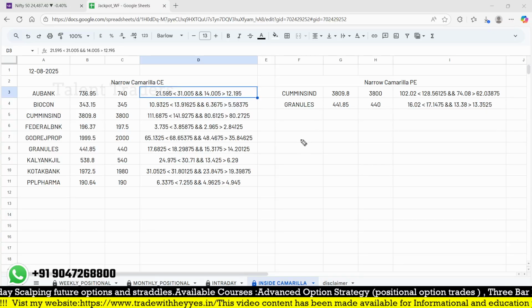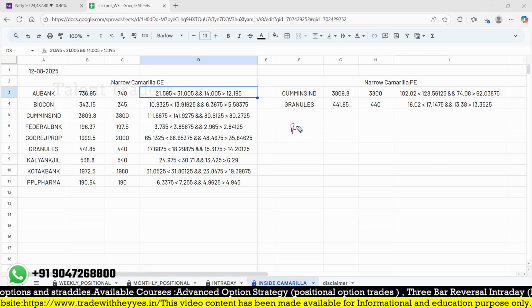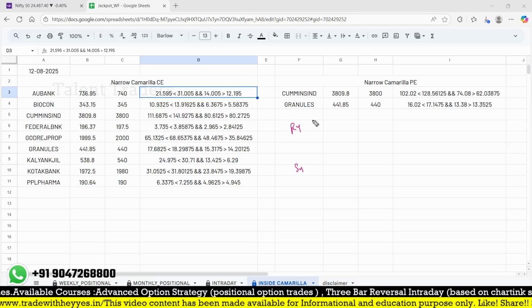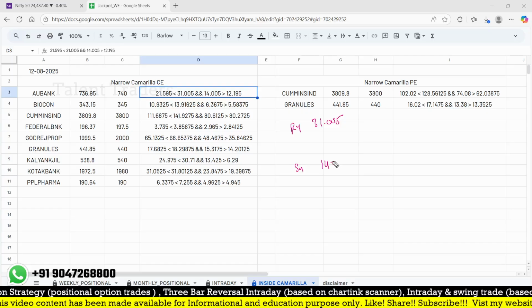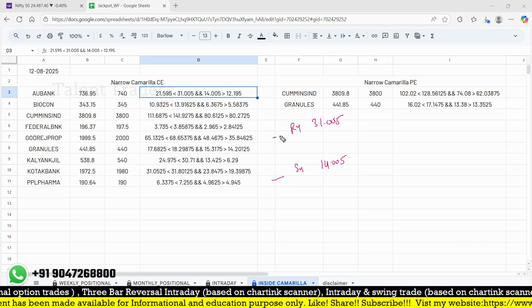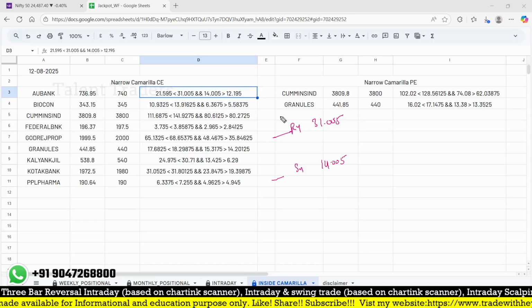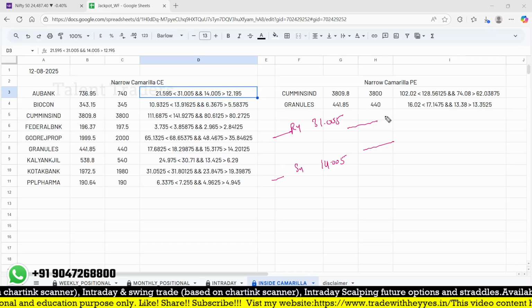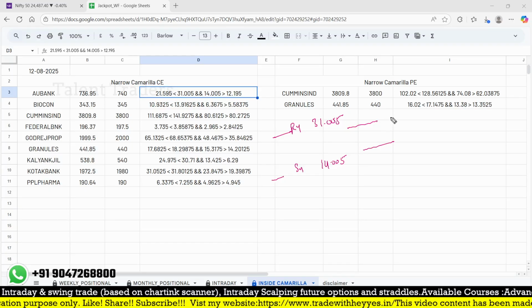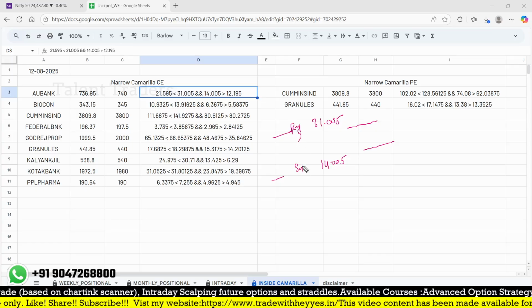The previous day, that is one day ago, R4 was 31.005 and S4 was 14.005. So this is the previous day's R4 and S4. And the next day, that is today, our opening day, this should be inside between, sorry, this is the R3 and S3.